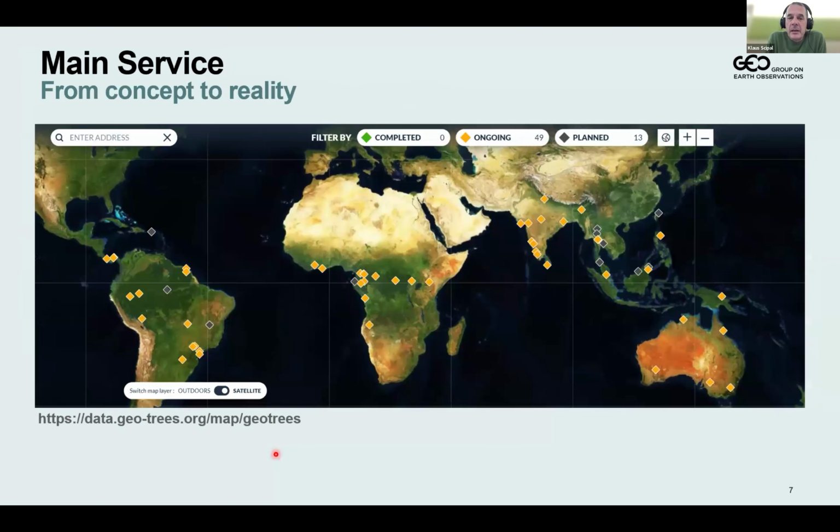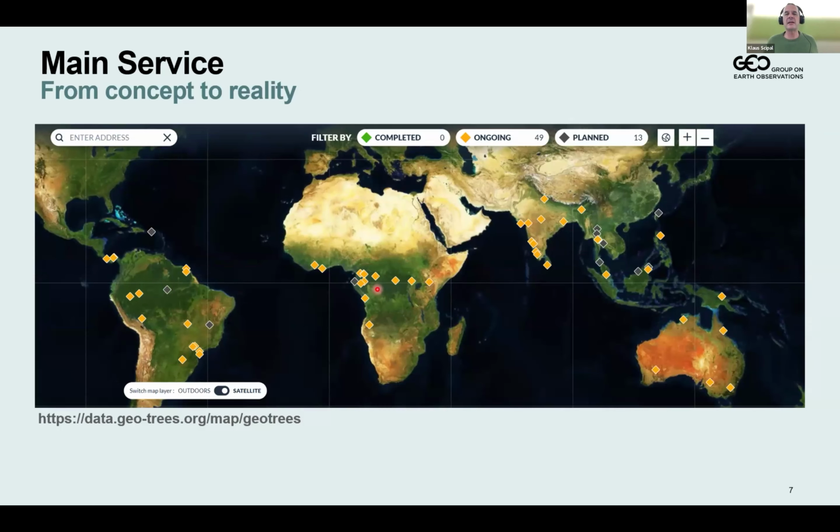Where are we today? Today we have established, to be precise, 49 sites across the tropics. All these yellow diamonds you see here are sites where we're currently conducting measurements. We're just finishing collecting these data sets.